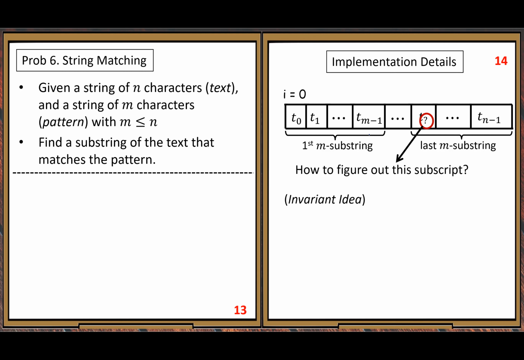In math, there is an important problem solving idea: the invariant idea. Try to find a quantity that is invariant when you move other factors. Here, we need to move our n subscripts along the line, from left to right.